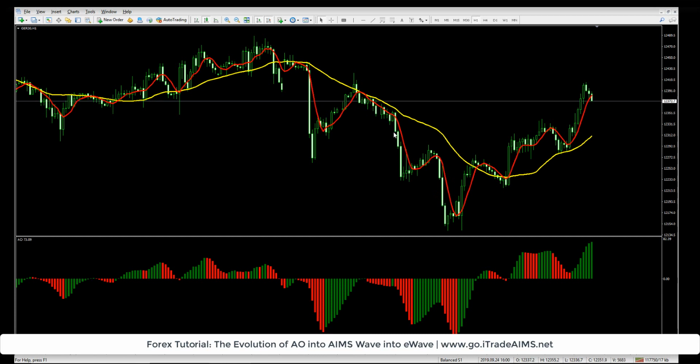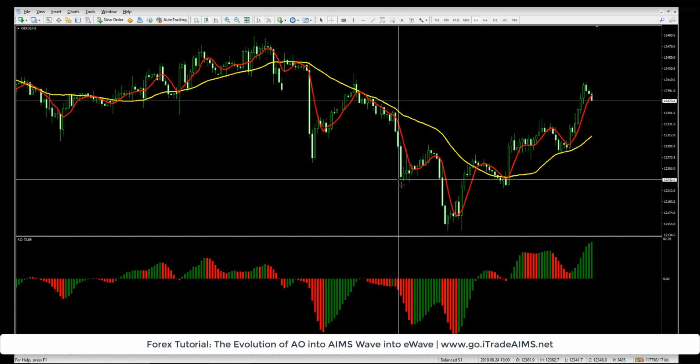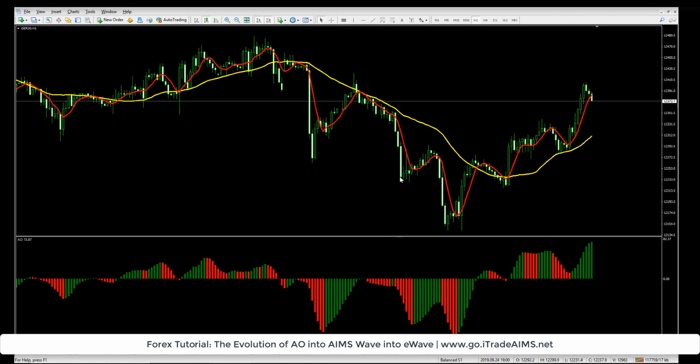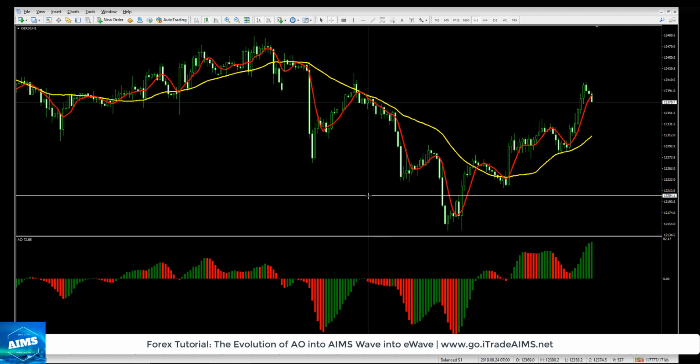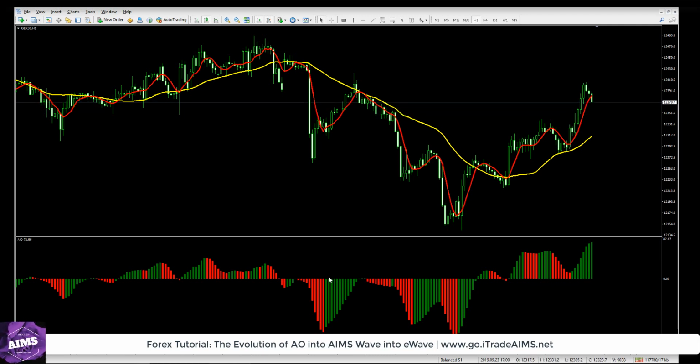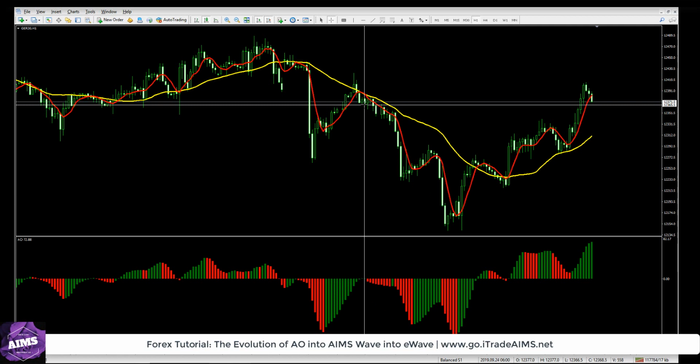So we know that the market is going down here. But how do you know if the momentum down is increasing or decreasing? When the 5 is below the 34, the AO will be below the zero line.